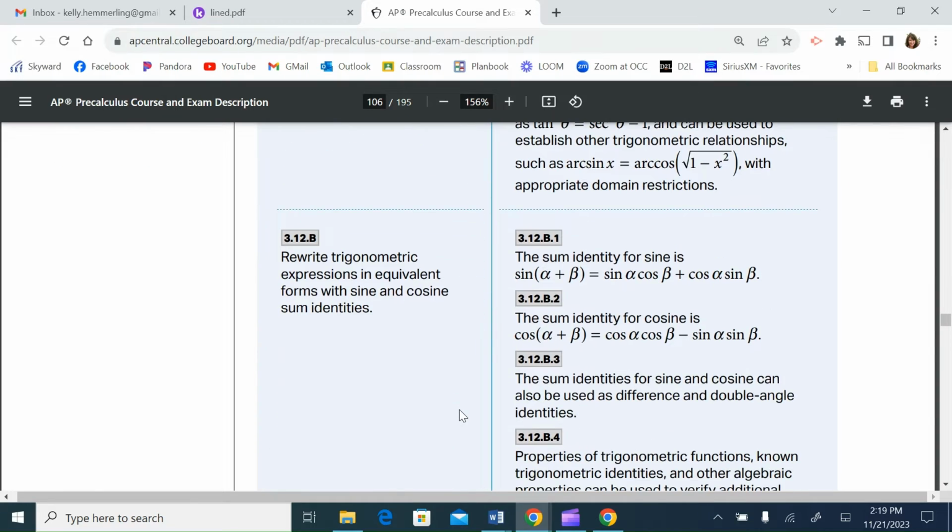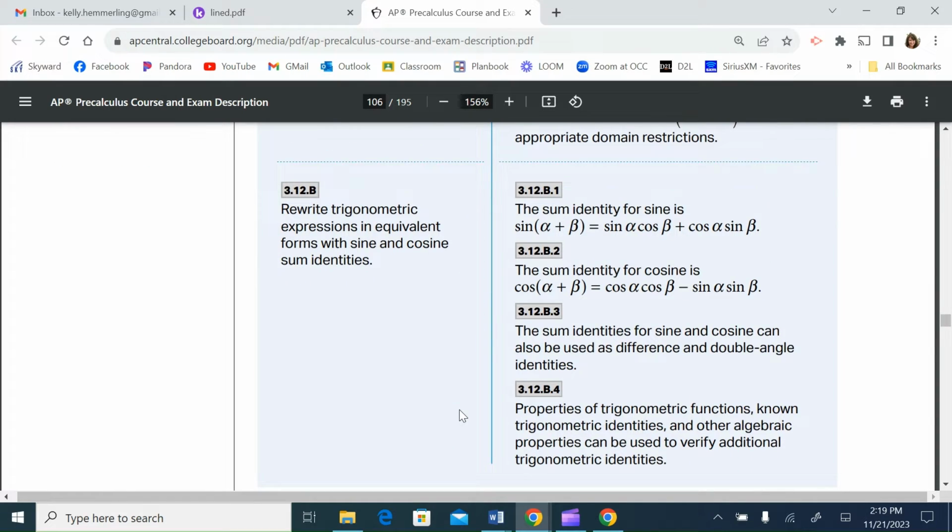Now we'll look down, and in 312 part B, it talks about some identities for sine and cosine. So there's 2 more identities. And then in B3 and B4, it talks about the double angle identities for sine and cosine.